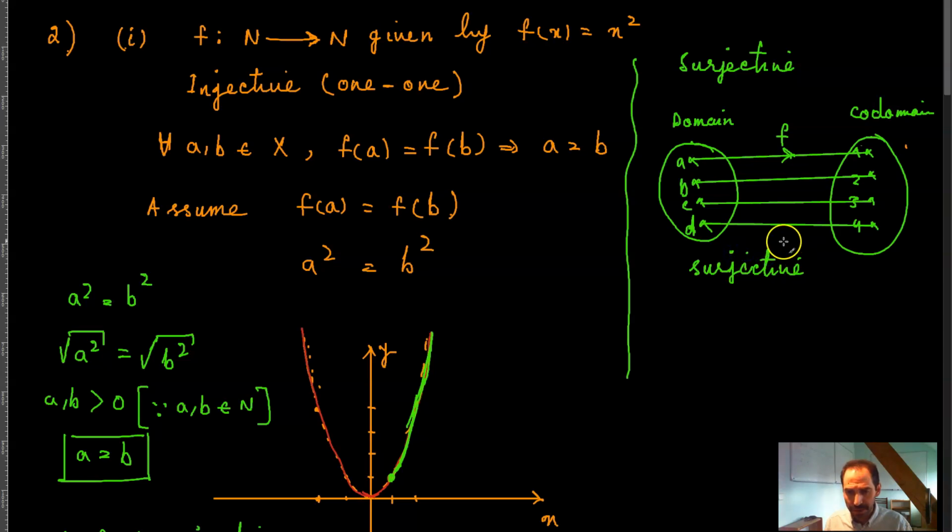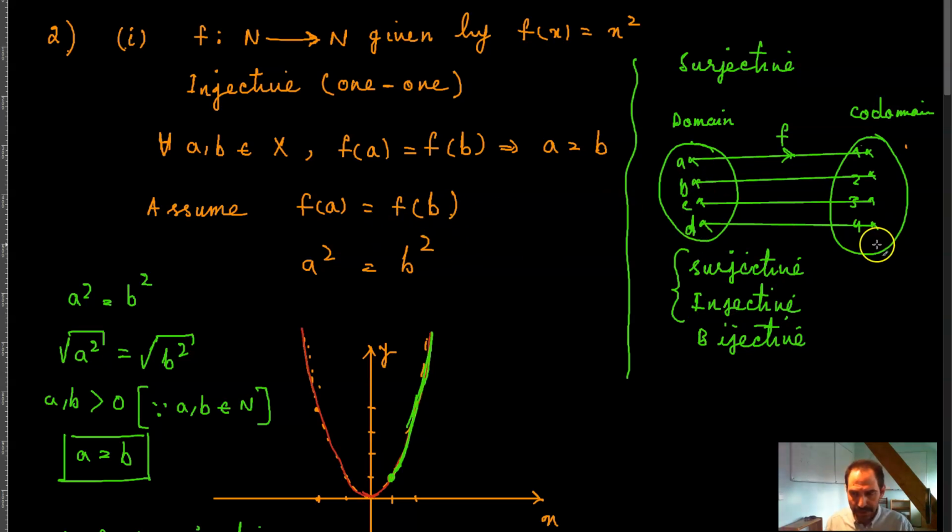And since the function is both surjective and injective, then you can say that the function is actually bijective, right? So that's the meaning of surjective, injective, and bijective.